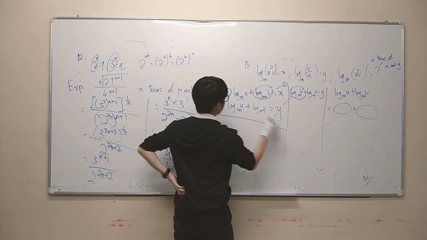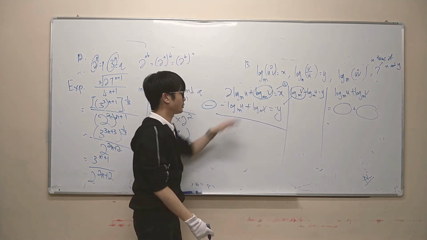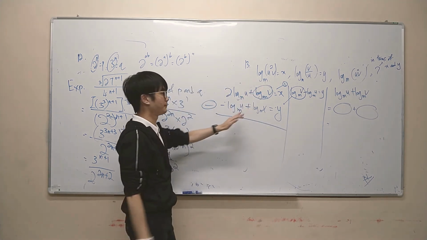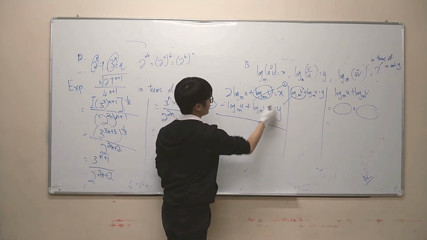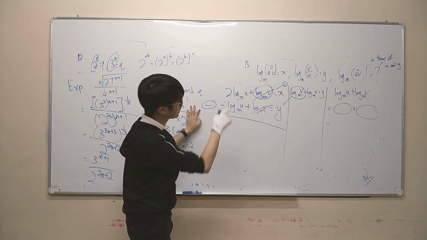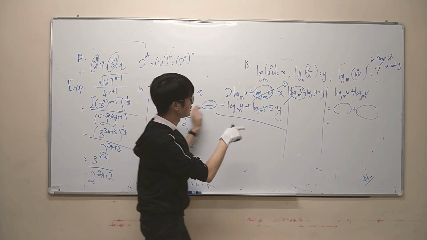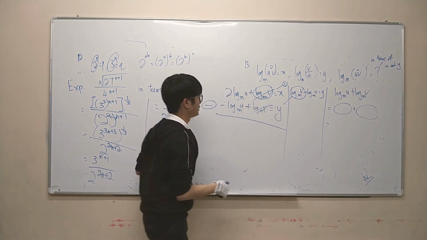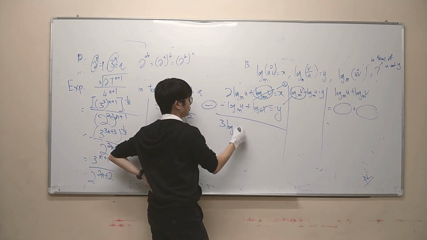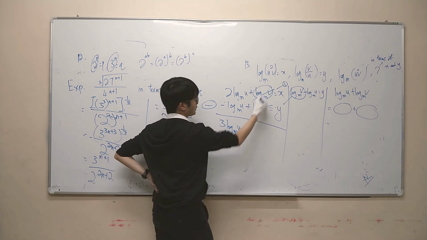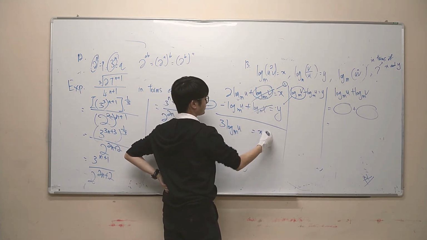And then what I do is minus, because I have to eliminate. That's why this method is called elimination. You want to eliminate. So log v and log v become zero. Did I do it correctly? Right. Okay, 2 minus becomes plus, 2 plus 1 is 3. So 3 log u base n, then zero, so x minus y.